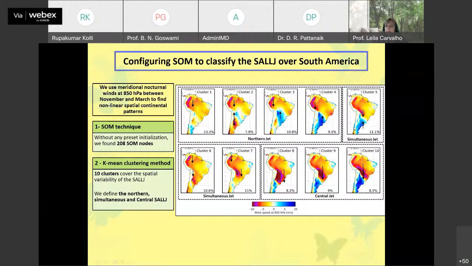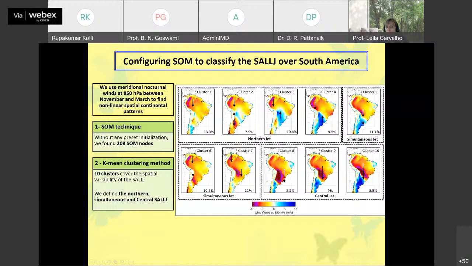So we have these 10 clusters, and you can see that some of these clusters indicate the northern type of jet becoming stronger in these first four clusters. Then you have some that show they actually occur simultaneously.